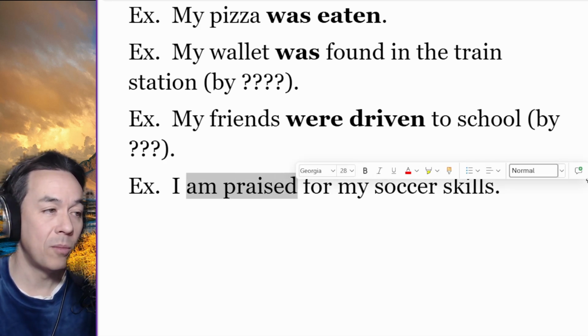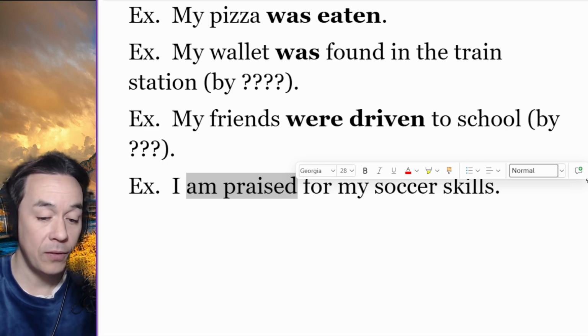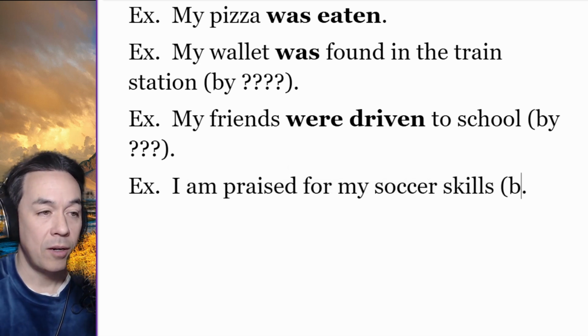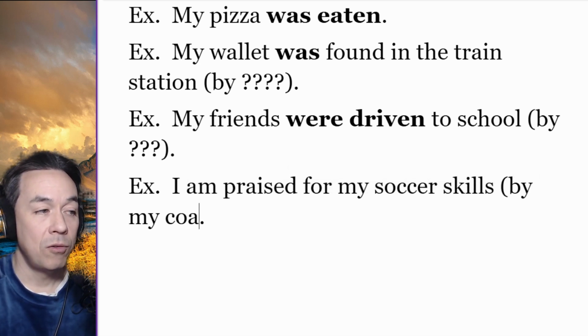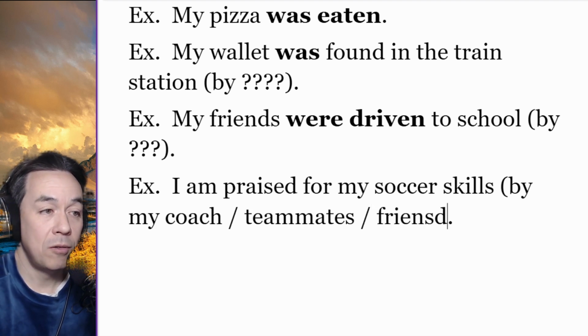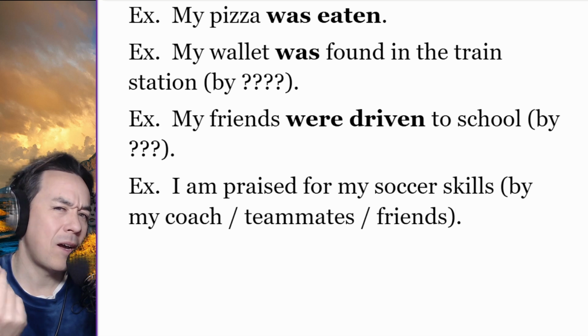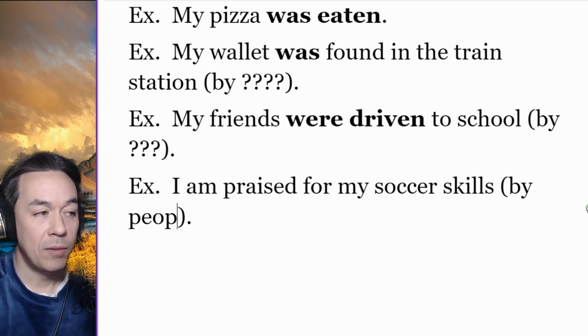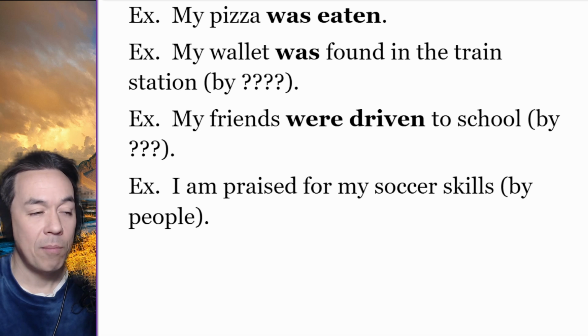That means in my normal life, often or usually, regularly, I'm praised, I don't know, by my coach or teammates or friend, I don't know whoever. I don't want to say who. Maybe it's too many. Don't worry about it. Just by people, right? I am praised, for example.